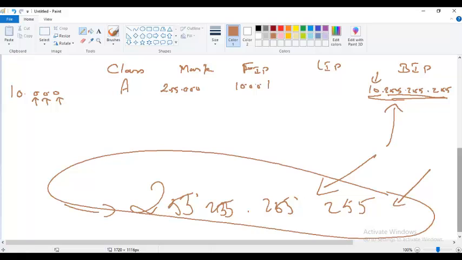But if any packet is sent to this address, it will go to only those computers that are in 10 network. If you want to send a packet to every computer, but only inside 10 network, you use the 10 network's broadcast address. So broadcast address is not a unicast address. It cannot be assigned to a single computer.